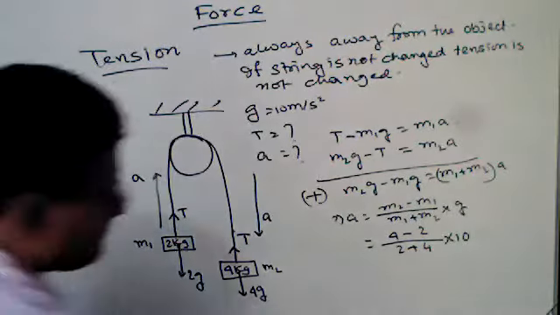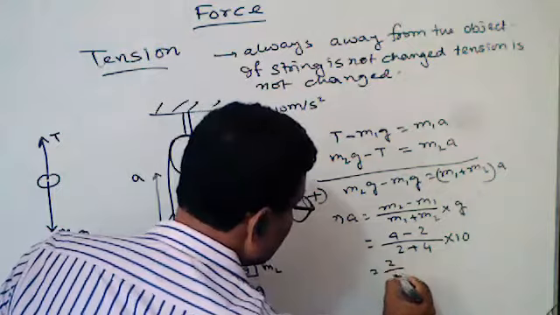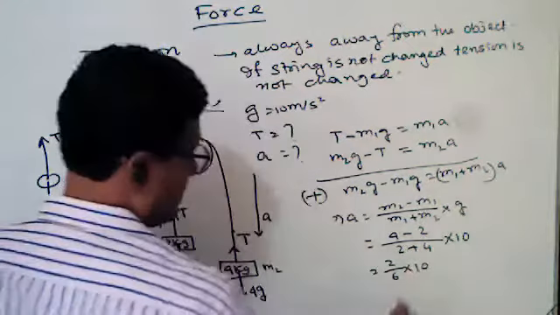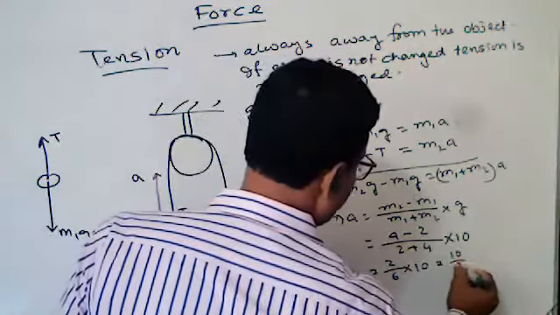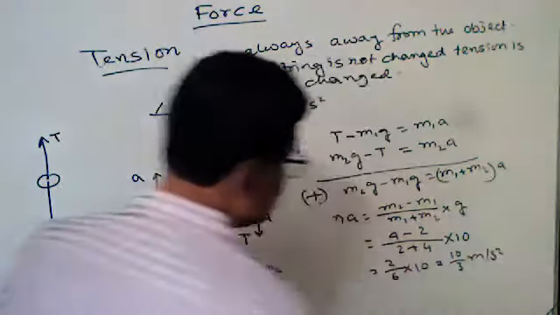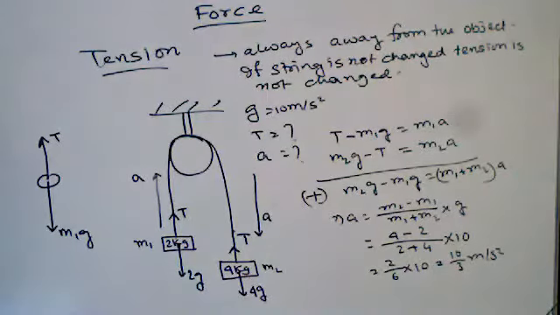So it will be 2 by 6 into 10. That means 10 by 3 meter per second square. This is the acceleration. Okay.